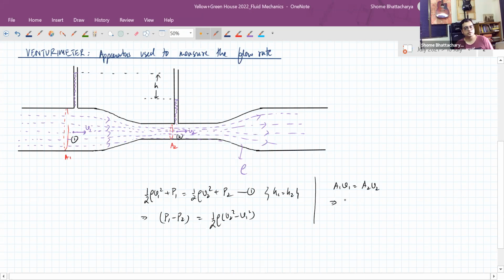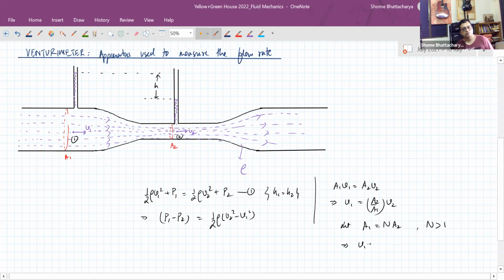So we can write V1 as A2 by A1 times V2. Now suppose this area of cross section A1 is n times A2, where n is a known quantity which is greater than 1.